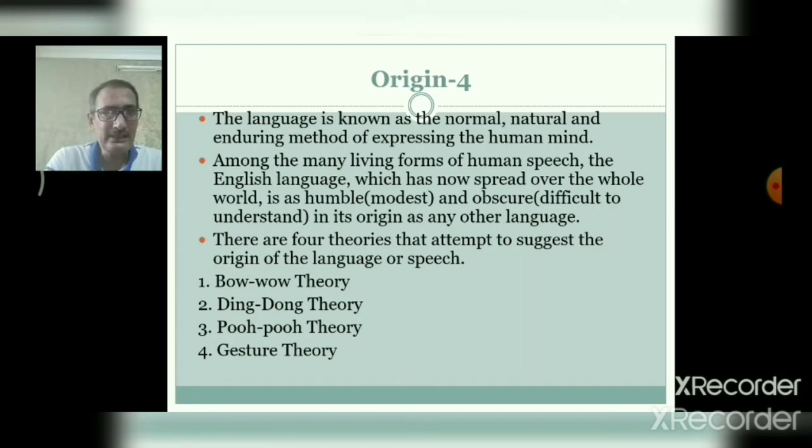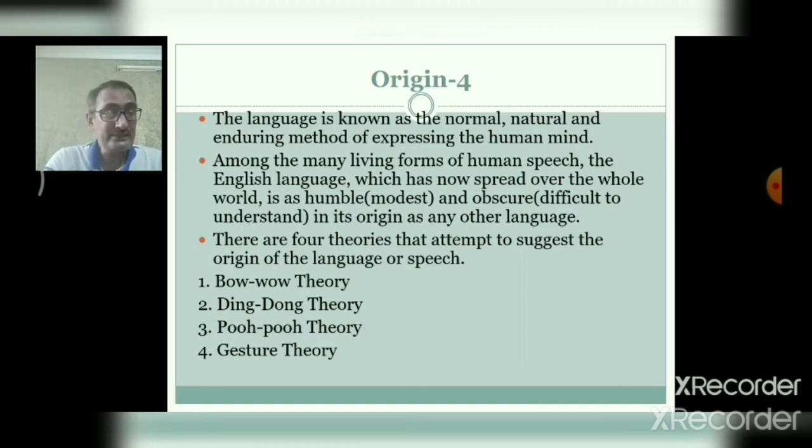Among the many living forms of human speech, the English language, which is now spread over the whole world, is as humble and obscure in its origin as any other language. So, there is no need to talk about this language or that language. But as we are students of English language, we need to be concerned about the origin and development of English language. There are a number of living forms of human speech that we know.